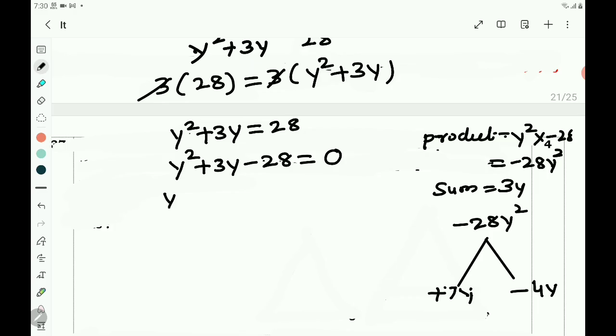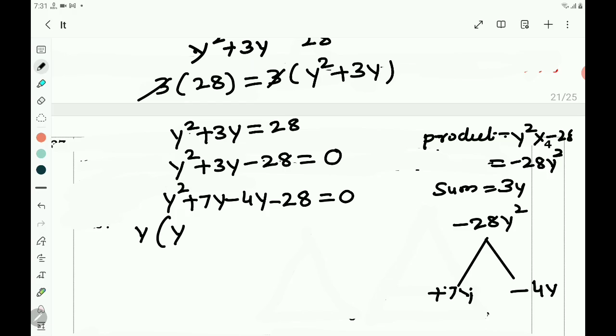Then you write y square plus 3y, the middle term, splitted, so you will get y square plus 7y minus 4y minus 28 equals 0. Here 3y is splitted into two terms, 7y and minus 4y. Then out of y square and 7y, what is common? Y is common.